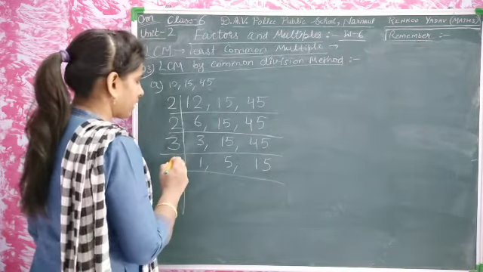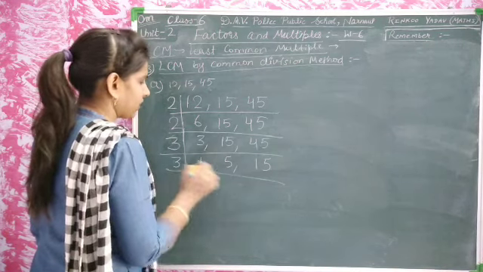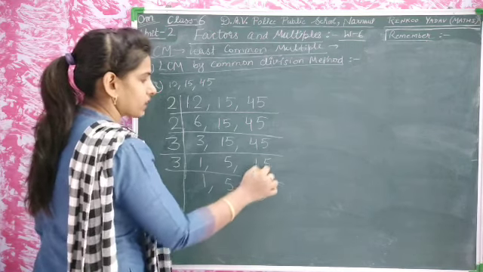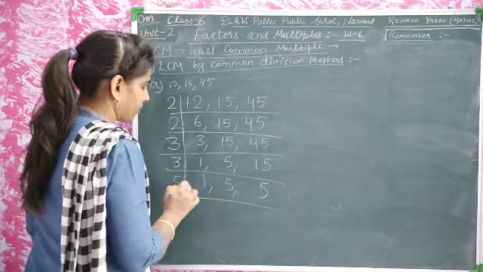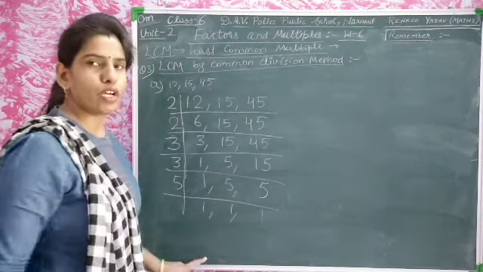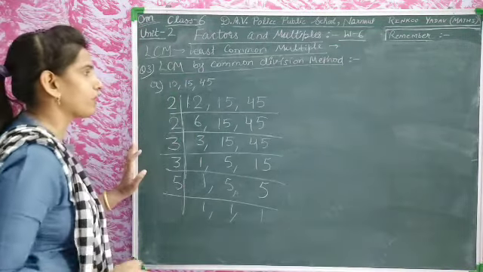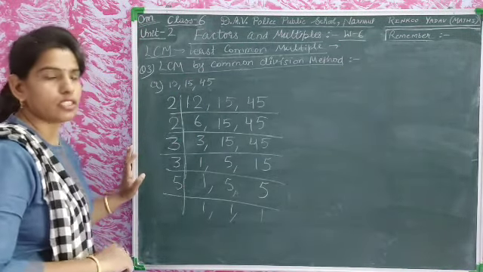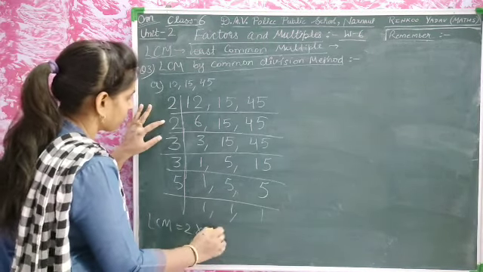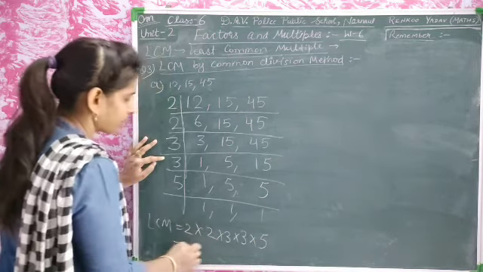And now we will divide it by 5. Sorry, one number is divided by 3, but 5 is not divided by 3. 3 times 5 is 15. And now it will be divided by 5. 5 and 5, 5 and 5. All become 1 here. Now these are the prime factorization of 12, 15 and 45 which are common together. So its LCM is 2 into 2 into 3 into 3 into 5.